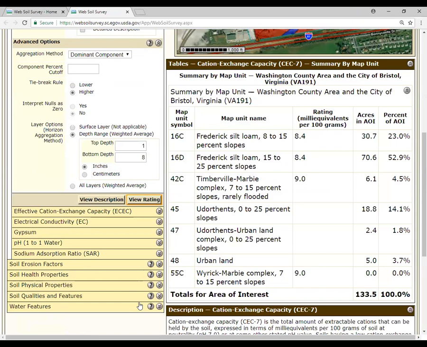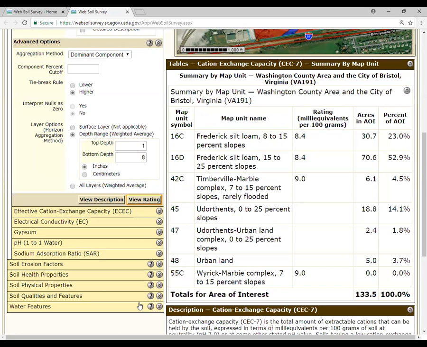And then it's going to tell us what our cation exchange capacity is for these different soil types. So, for instance, 8.4 milliequivalents per 100 grams, or 9.0. In general, the greater the cation exchange capacity, the more cations that are available.